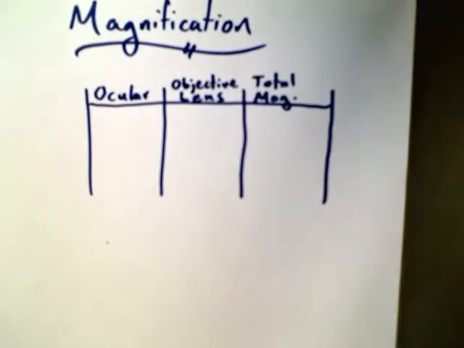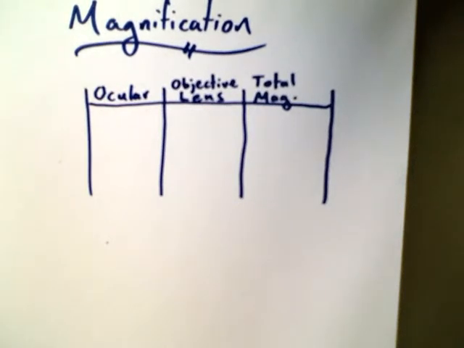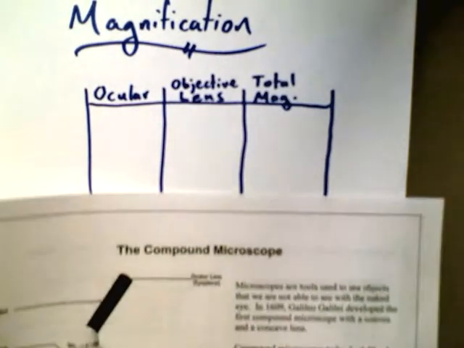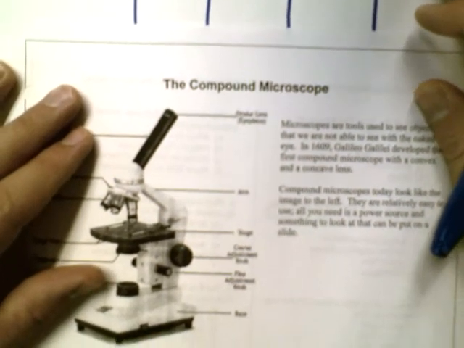So the objective lens, O-B-J-E-C-T-I-V-E, objective lens. What's the first one? Ocular, O-C-U-L-A-R. Now, I'm going to make this available to folks in a little bit.